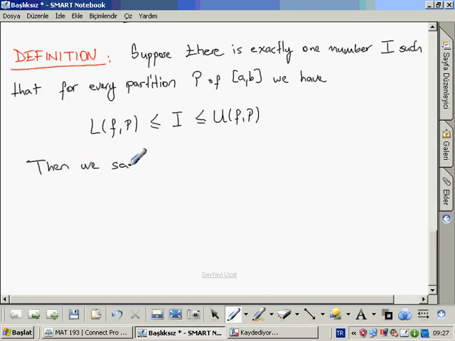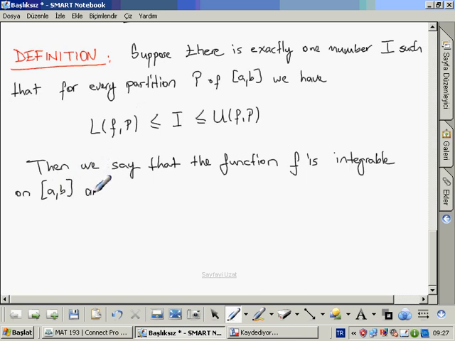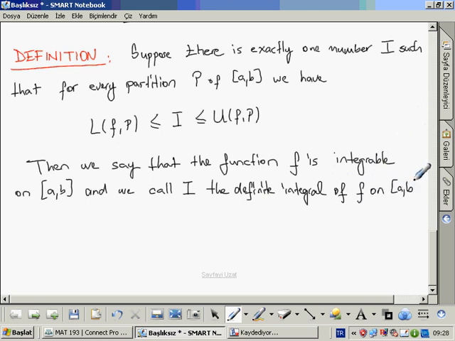Then we say that the function f is integrable on the closed interval a comma b, and we call I the definite integral of f on a comma b.